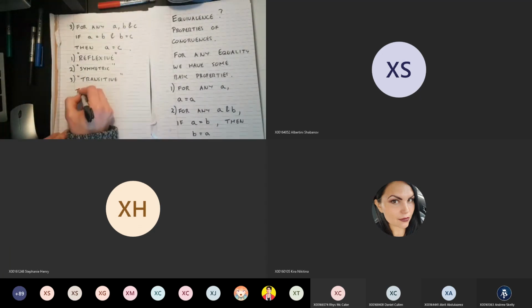There are other relations besides equality with these properties.